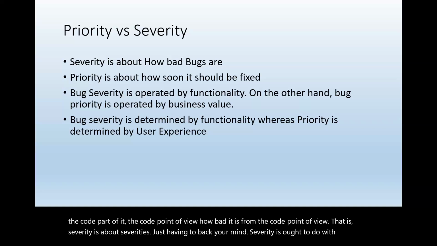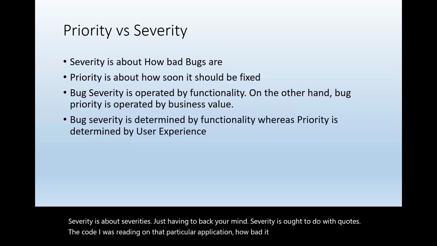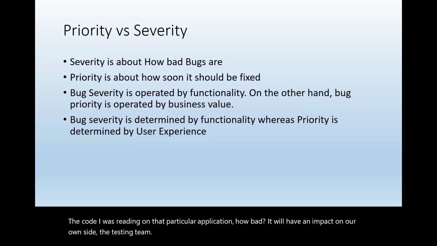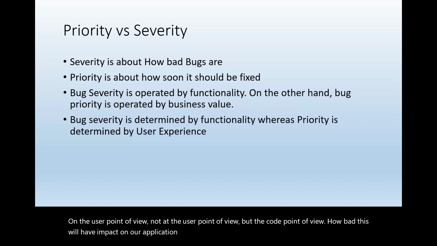The code I was reading in that particular application, how bad an impact it will have on our own side, the testing team. Not the user's point of view, but the code point of view. That's severity.